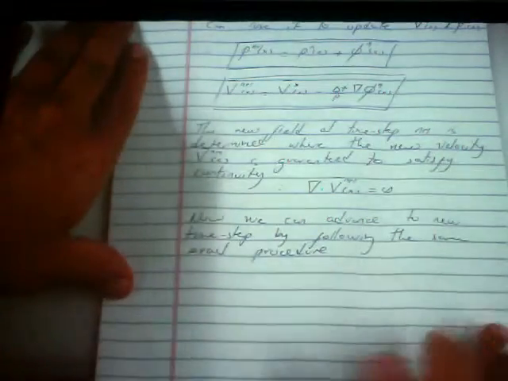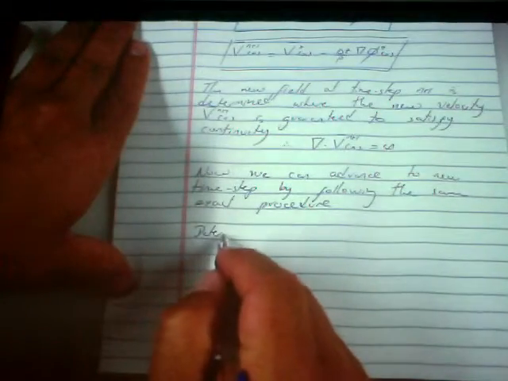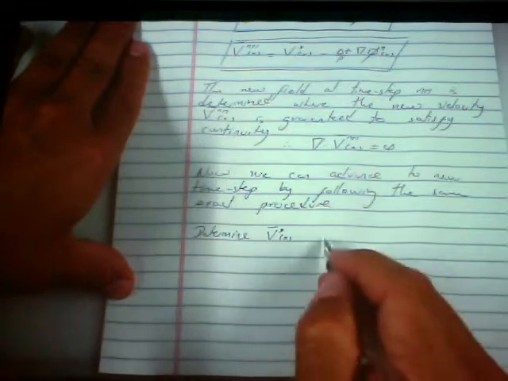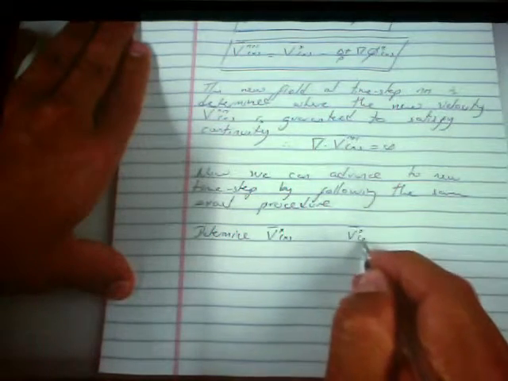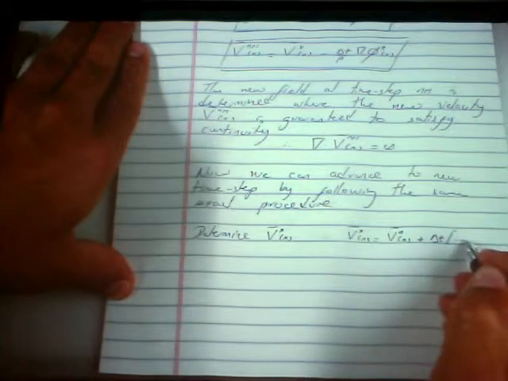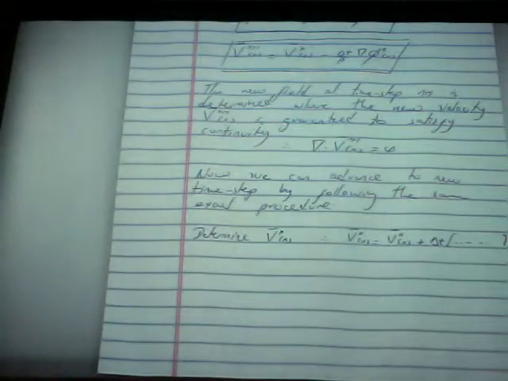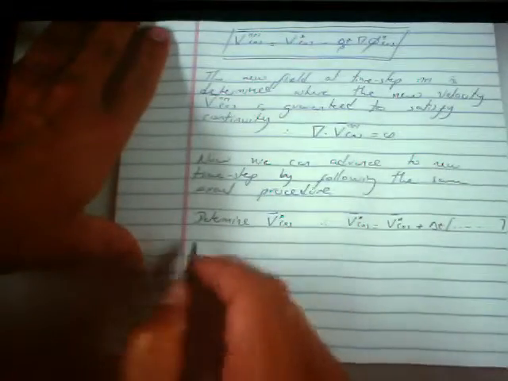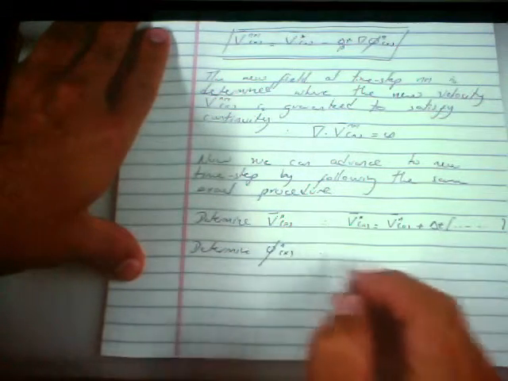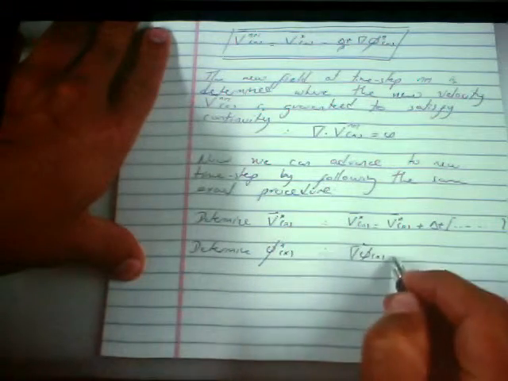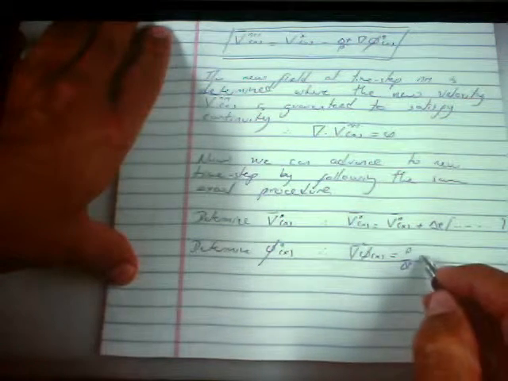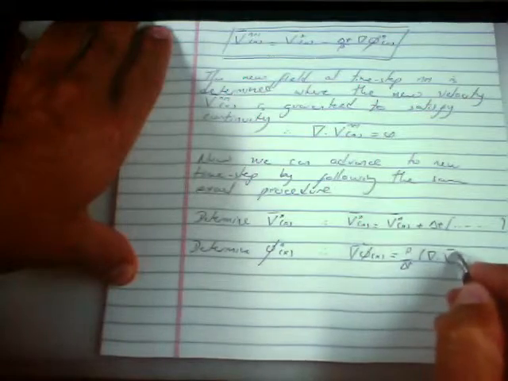That is, determine V star such that V star is equal to V n plus delta T times whatever that bracket is. Determine phi such that the Laplace of phi is equal to rho over delta T times the divergency of V star, which we just found.